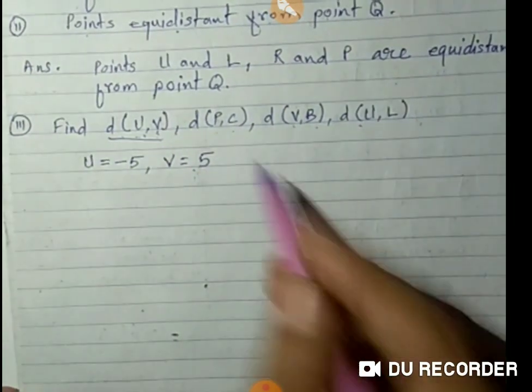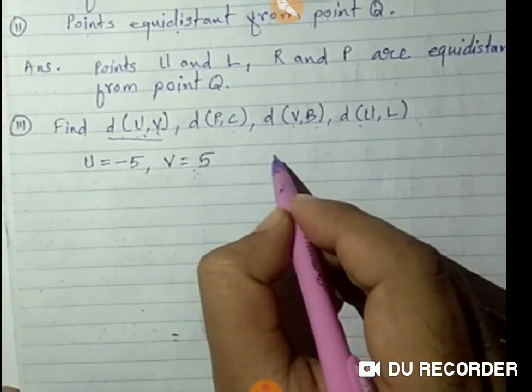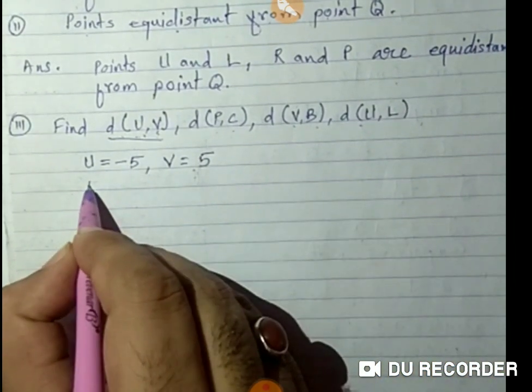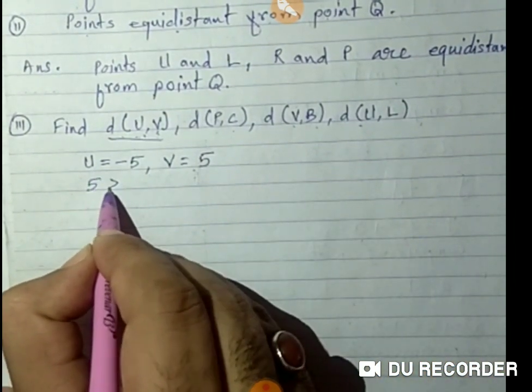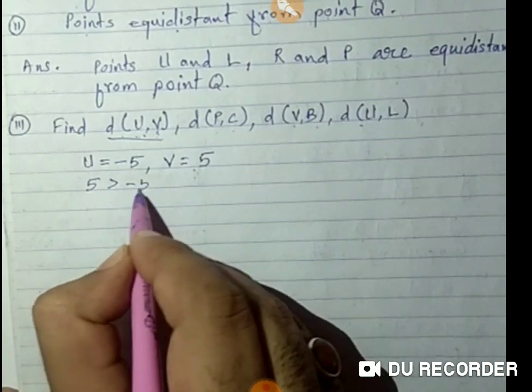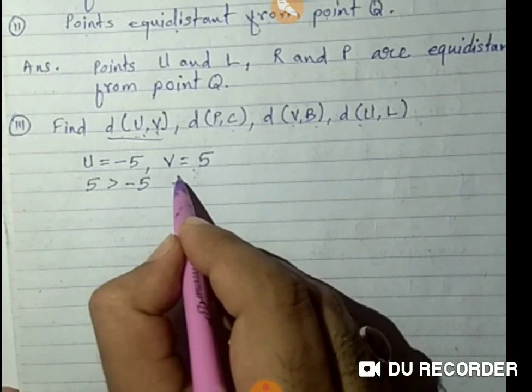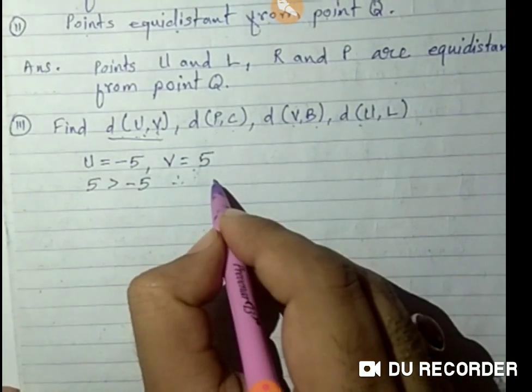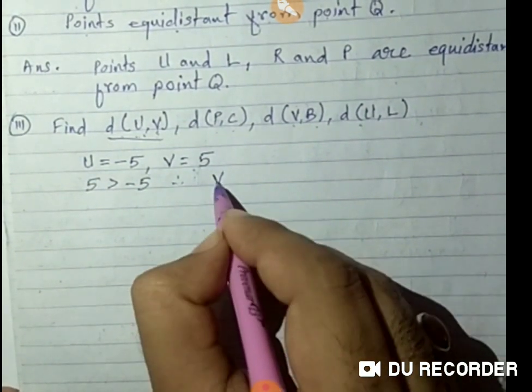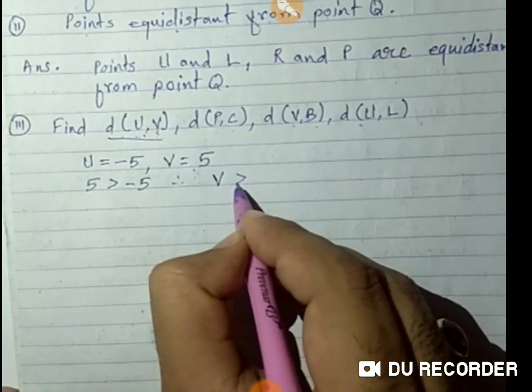So here you can say positive 5 is greater than negative 5, right? So therefore I can say V is greater than U.